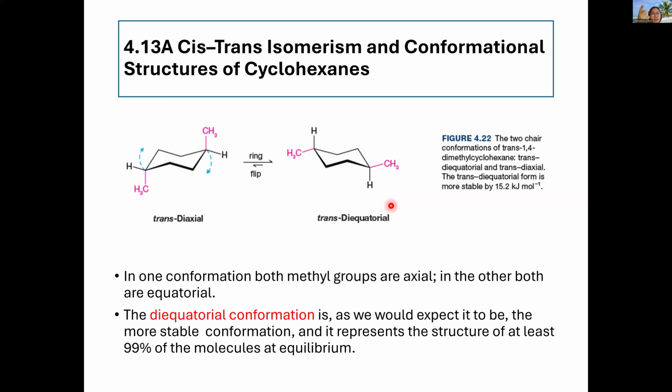Conformational. It is stereo if cis and trans. But if both are trans, it's still the same trans, but it changed through the rotation of the bonds.